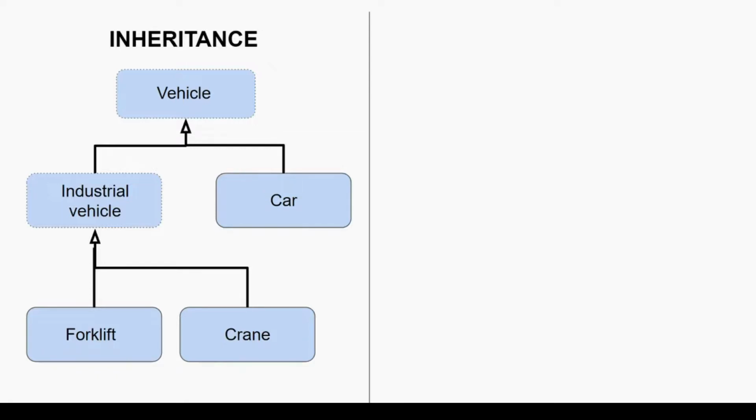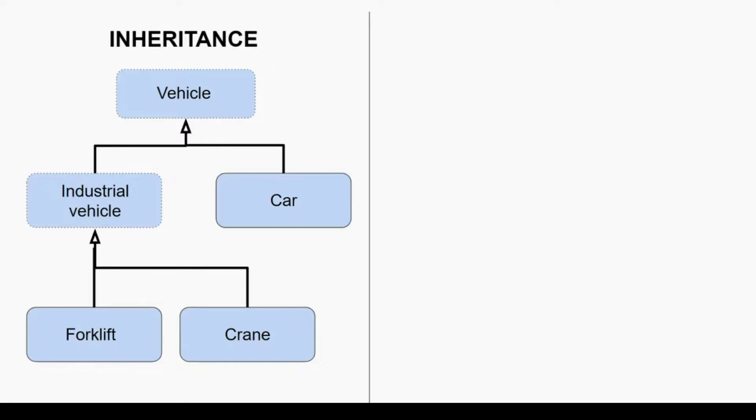Composition, which we'll look at in a second, has a different type of relationship, which is called a has-a relationship. This is where a complex component might consist of different simple components. Your car, for example, has an engine, it has a steering wheel, it has wheels, and so on and so forth.